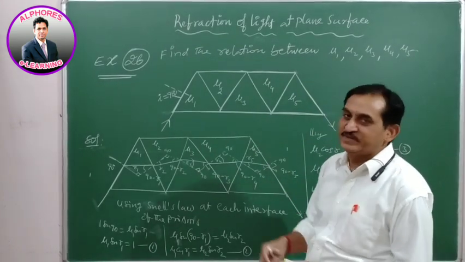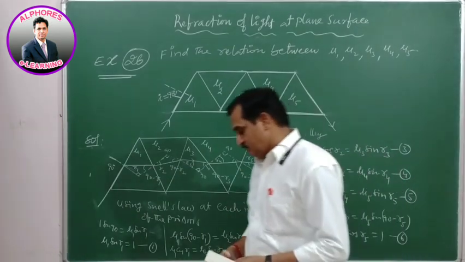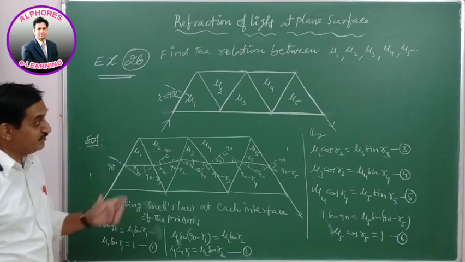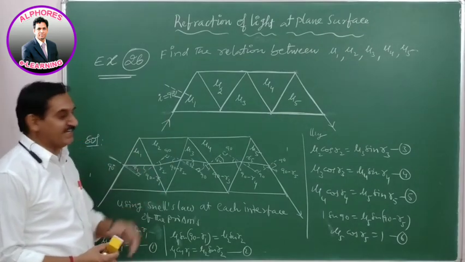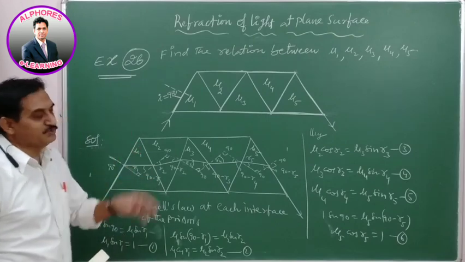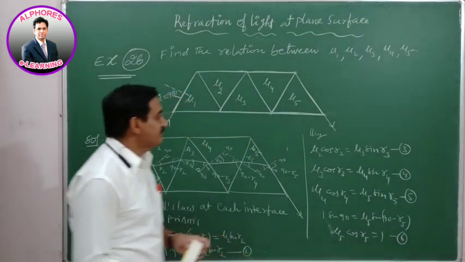Now question number 26. So here 5 right angled isosceles triangular prisms are kept in contact as shown in the diagram. Their refractive indices are given as mu1, mu2, mu3, mu4, mu5. All are kept in contact.